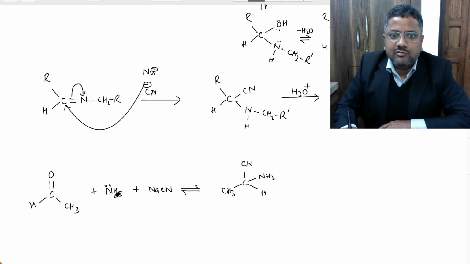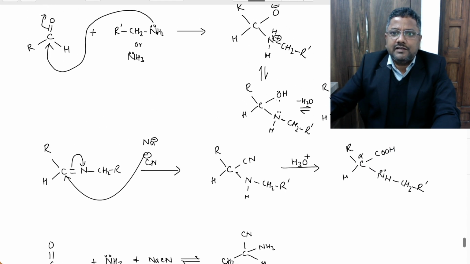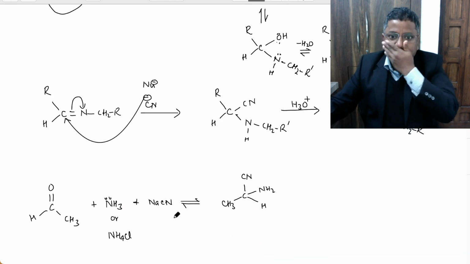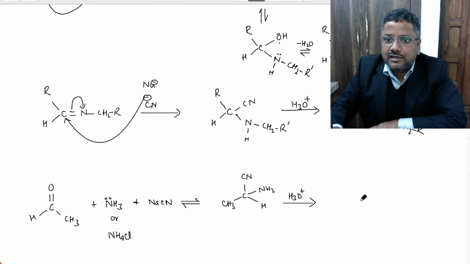When you take here ammonia or ammonium chloride, NH4Cl also you can take. So this is the general reaction of Strecker synthesis, which I have written here in terms of RCH2NH2. Now I am taking this ammonia or ammonium chloride, NaCN. So you get this compound, and after that hydrolysis. So Strecker synthesis in one step also you can show like this.